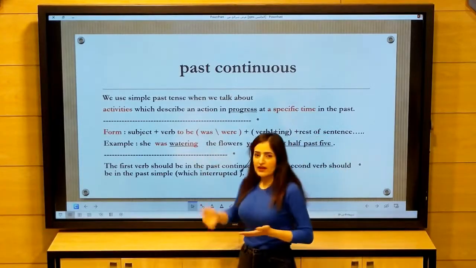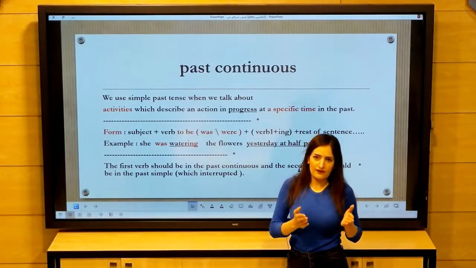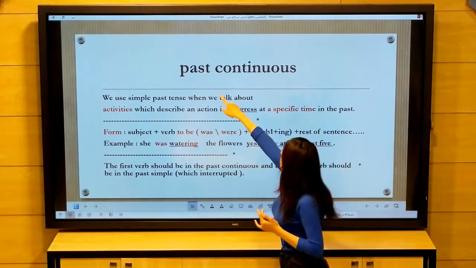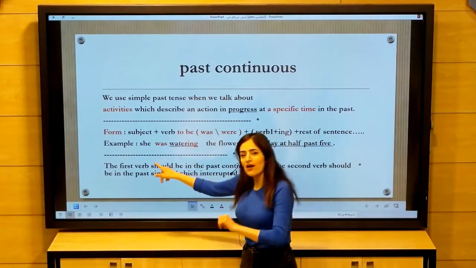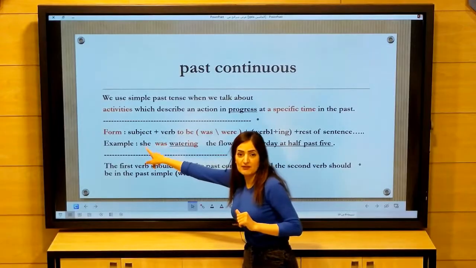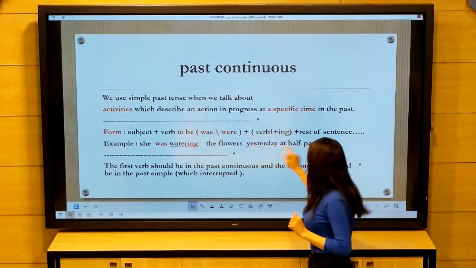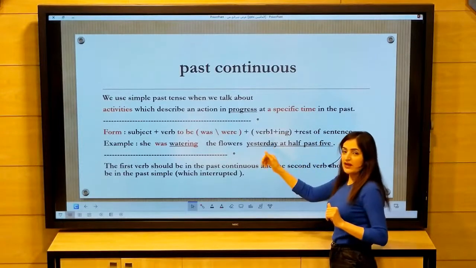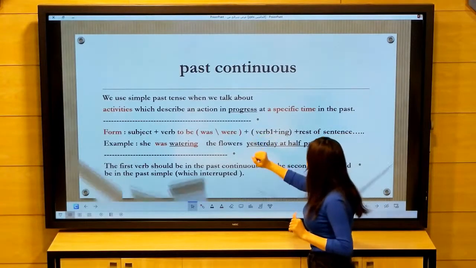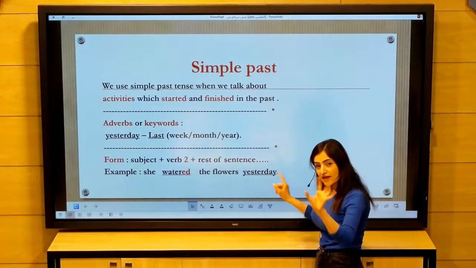The last example was, she watered the flowers. Now with past continuous, she was watering the flowers. We add verb to be, was, because the subject is she. Then we put ing. The last example was just the word yesterday.